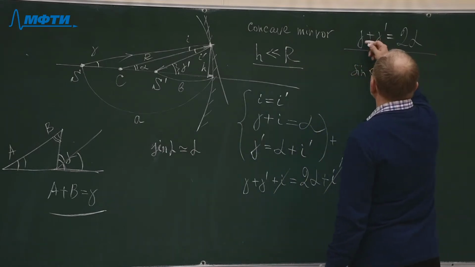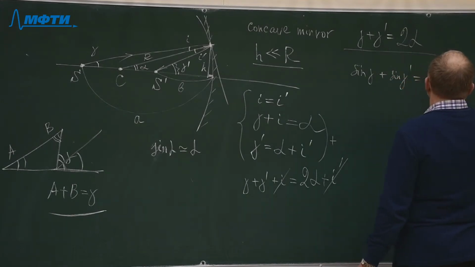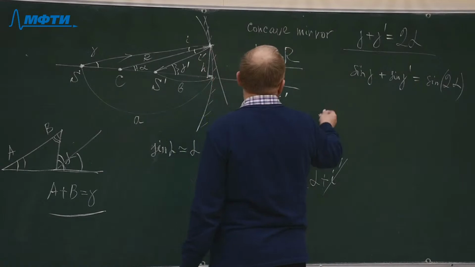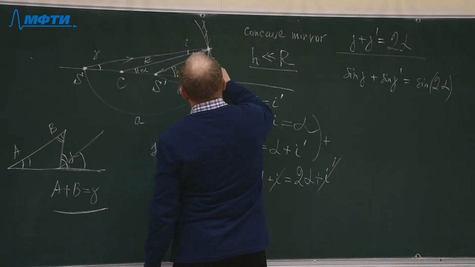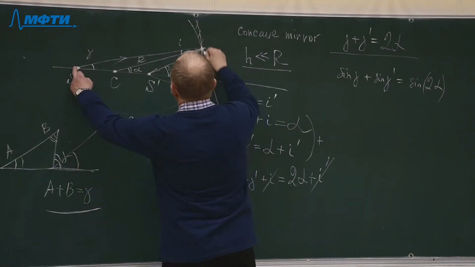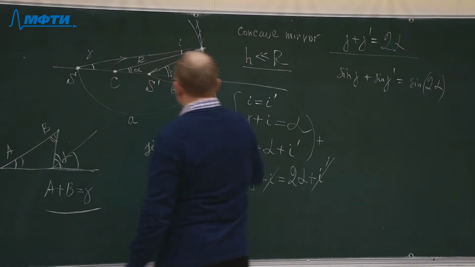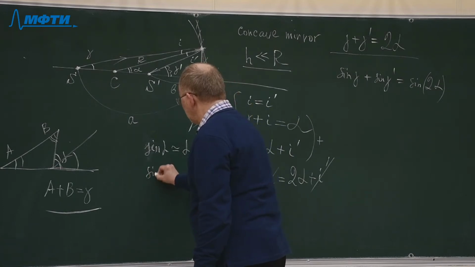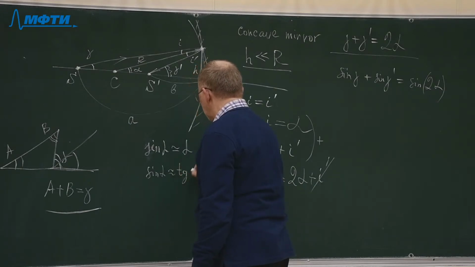So from this equation we can obtain that sine gamma plus sine gamma prime equals sine of 2 alpha. And now what is sine in this case? For example, what is sine gamma? The sine of gamma will be the height, the opposite leg in this triangle, divided by this distance. But for small angles, another thing is also true: sine alpha, for small alpha, approximately equals the tangent of alpha.